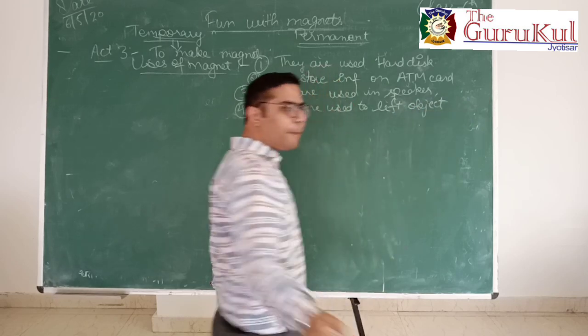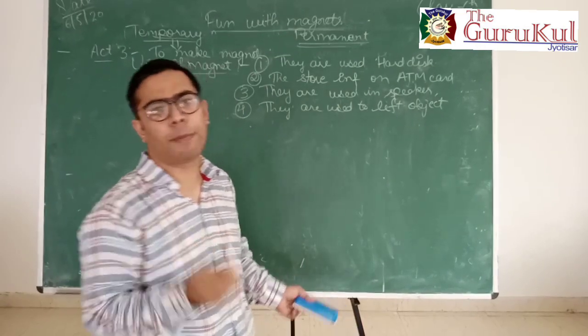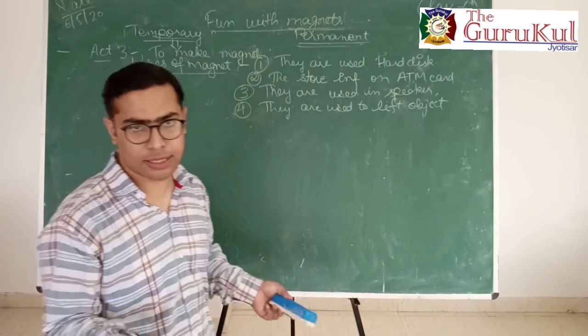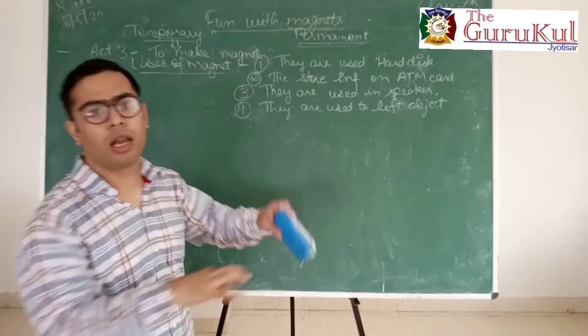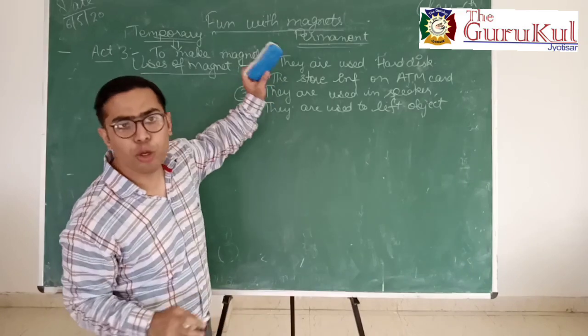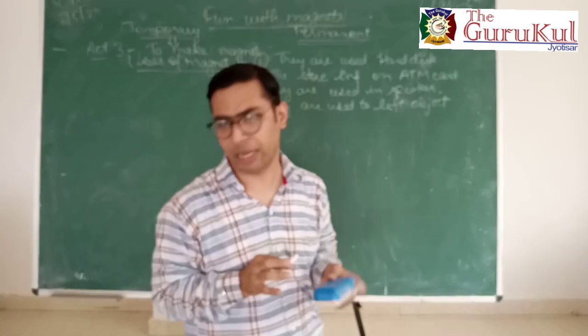In a scrapyard, magnets are used to lift heavy objects made of iron like cars. They are used to lift those heavy objects by using a large magnet, and there we use an artificial magnet because it has very much power of attraction.